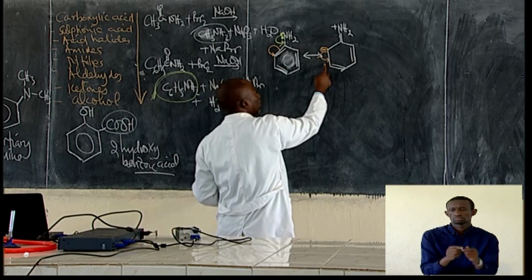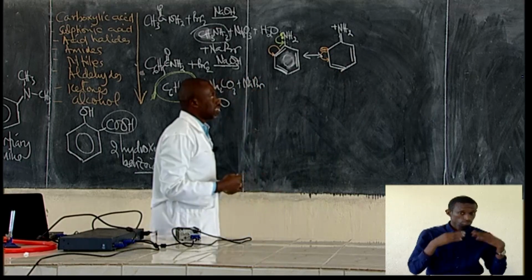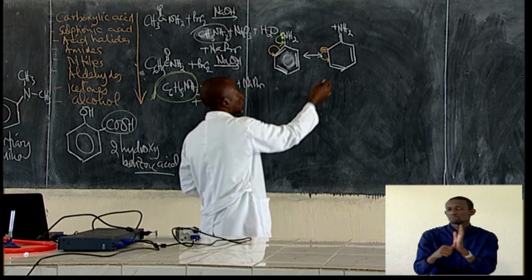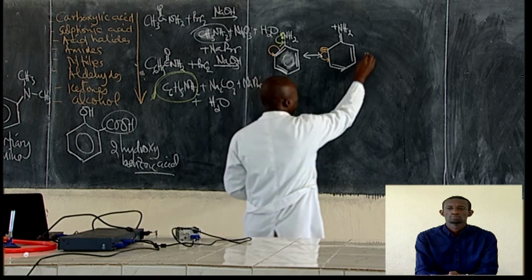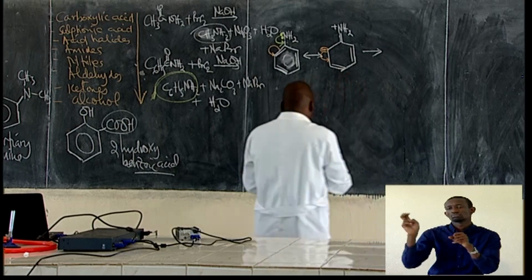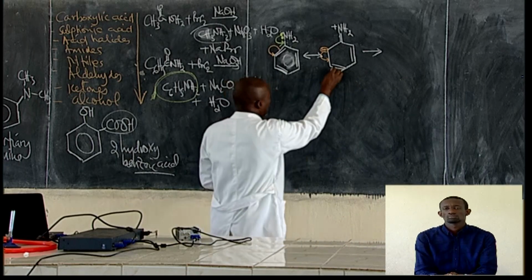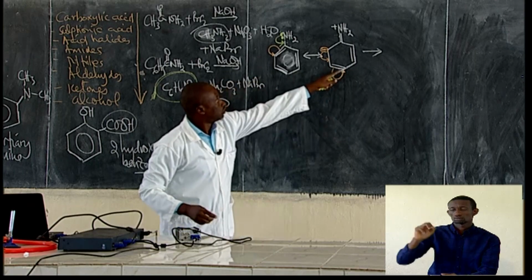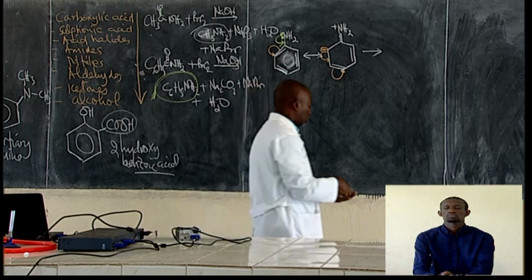When they come back inside the ring, if the bond is formed here, there will also be another problem. So these electrons also tend to move out. So here you'll have these electrons also moving out. And then they will form some negative charge over there.